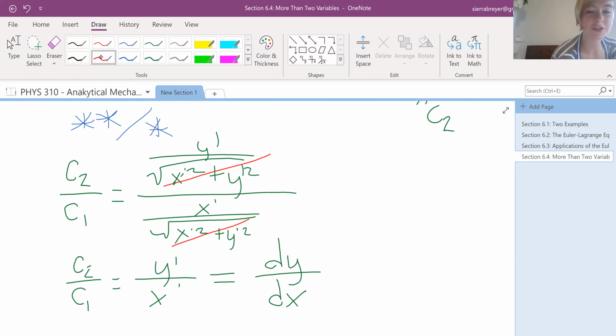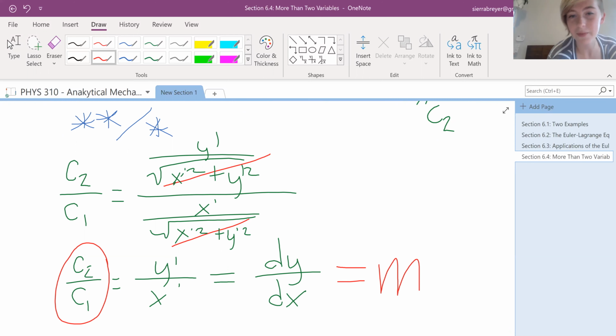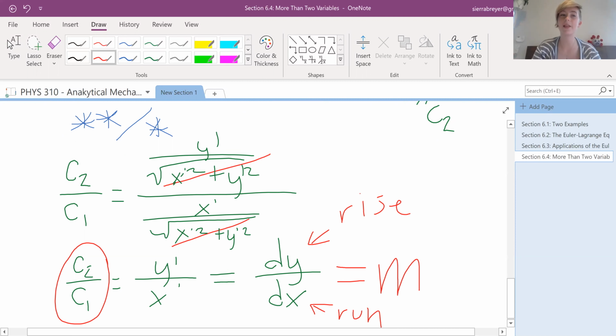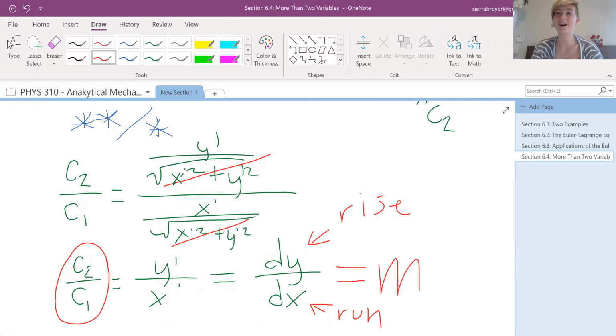And what the book wants you to point out there is that this is a constant, and that constant is equal to m, because if you see here, we have our rise over our run. So we literally just found the slope of a line, and we cared enough to do it with respect to time, in 2 dimensions.